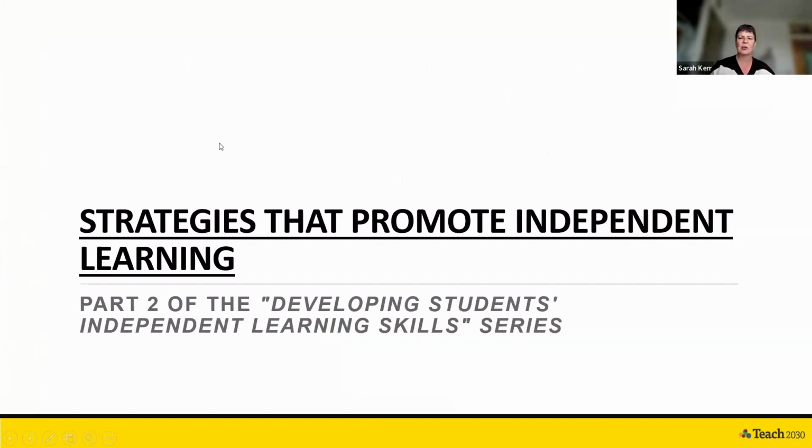We've already discussed what independent learning actually means in the classroom, how it's all about giving ownership to our students and allowing them to take control, or a little bit of control, of their own learning journey. And these are the skills that we really want to promote in order to build their skills for life, which is what we should be doing as effective teachers.